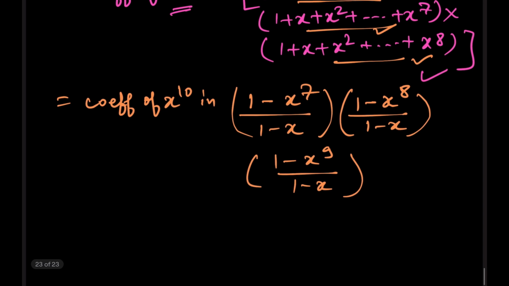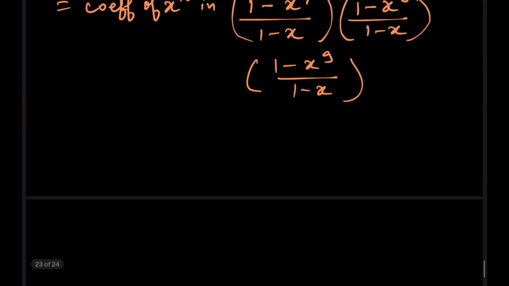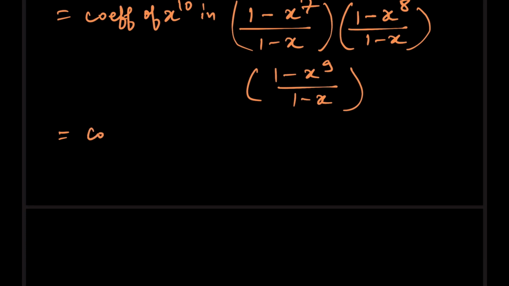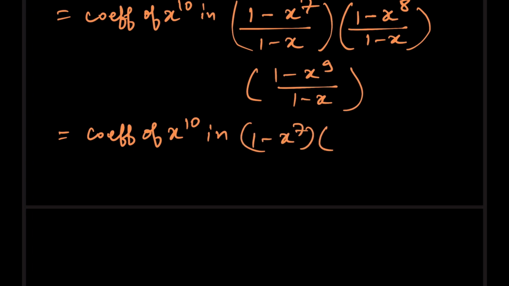So now you have to find the coefficient in this. Let's write: the coefficient of x to the power 10 in the product, taking the denominator to the numerator, (1 − x⁷)(1 − x⁸)(1 − x⁹) into (1 − x) to the power of minus 3.